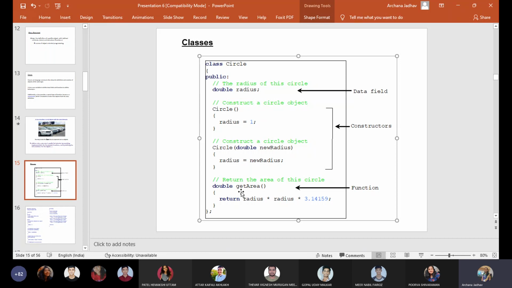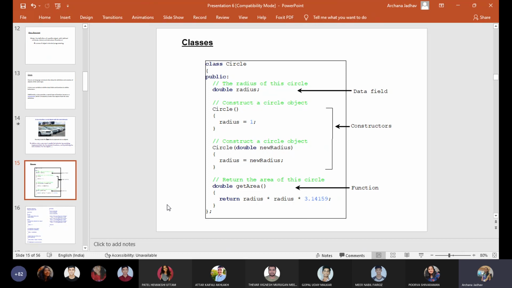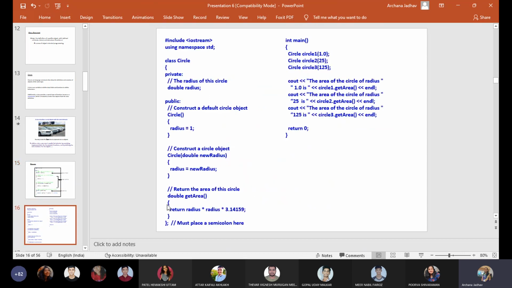Till now in C, whatever variables you write in a program, you call them variables. Here, they are termed data members or member variables, and the functions are called methods or member functions. Is this clear? Yes, students. Yes, ma'am.